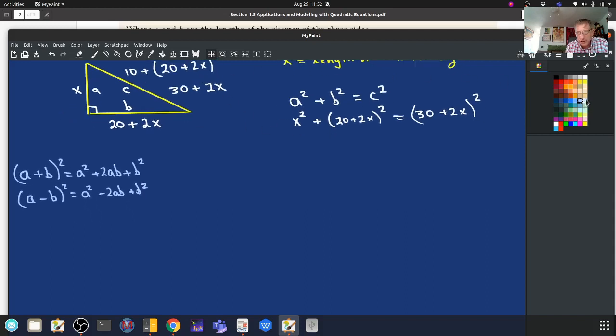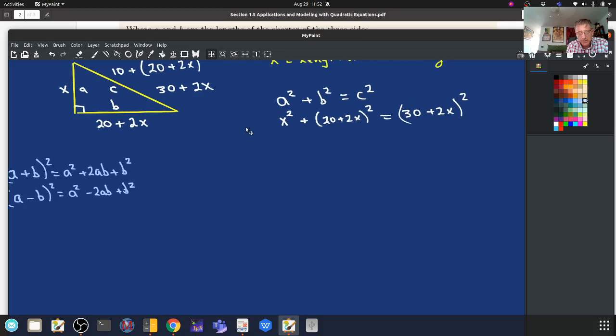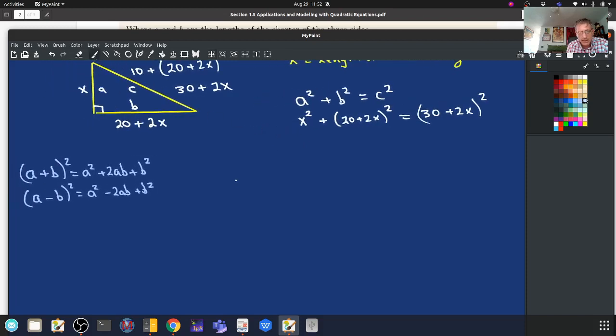So back over here, we're just going to simplify. So I'm going to start writing down here. I have x squared. So let's use this formula. 20 plus 2x squared is 20 squared, which is 400, plus 2 times A times B, plus 2 times 20 times 2x, plus 2x squared, which is 4x squared.